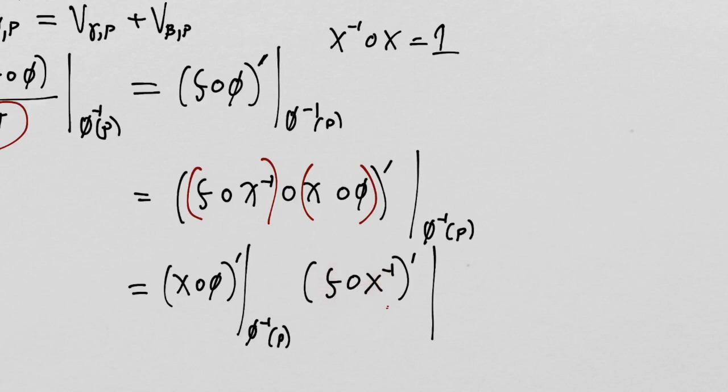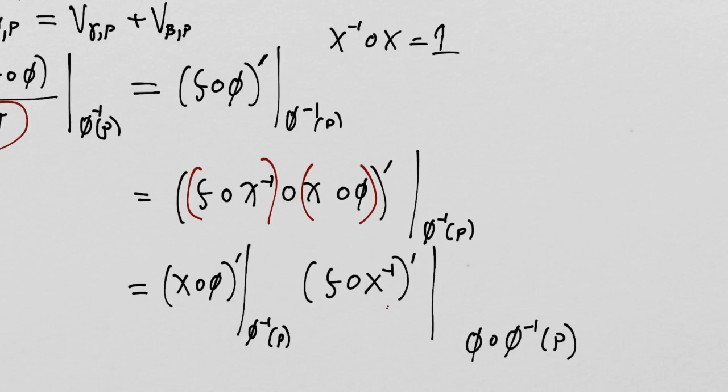So if I'm evaluating it at phi inverse of p, that's a point on the real line in the domain of the curve. So I have to go from the domain of the curve, which is phi inverse of p, back into the manifold, which is phi of phi inverse of p.